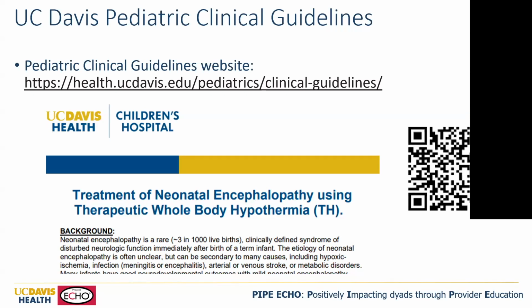It's a pretty nice resource with a variety of public-facing consensus guidelines where various groups, some of them nephrology, ID, things like that, but also NICU, have come together to create things that can be utilized by our community. In this case, it's neonatal encephalopathy. I think it's actually listed under hypoxic ischemic encephalopathy. So you need to select NICU, then it'd be under neuro, and I believe it's called HIE.